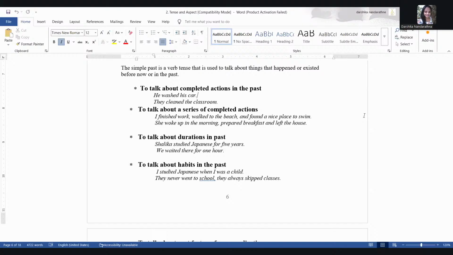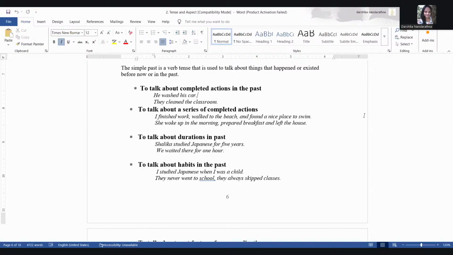They should be completed actions in the past, no continuation to the present. Like he washed his car. Action started in the past and completed in the past. They cleaned the classroom. Another action completed in the past. So like that, we use simple past tense to talk about completed actions in the past.